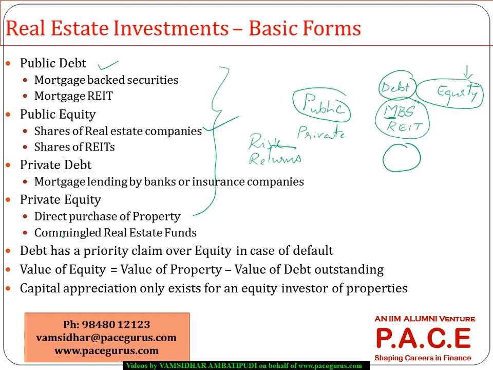But apart from that, a few important aspects. This is a very common thing, not just about real estate. Debt has a priority claim over equity in case of default.